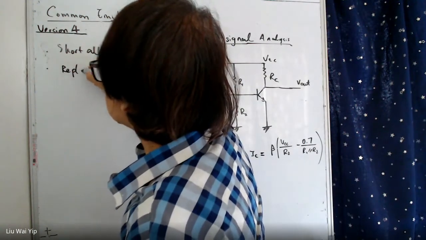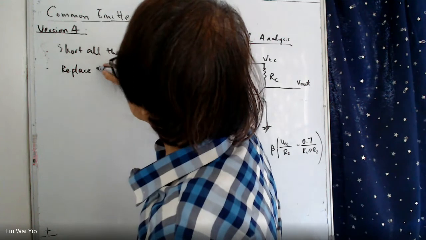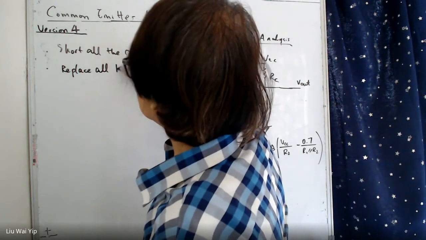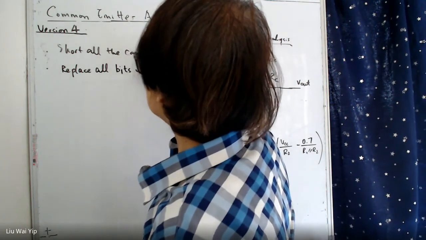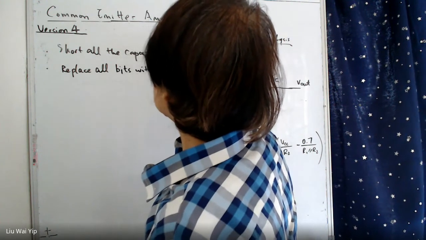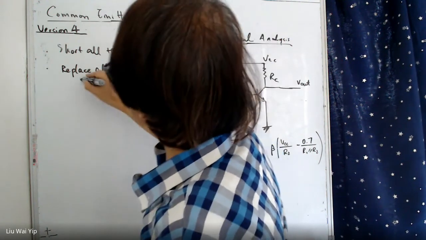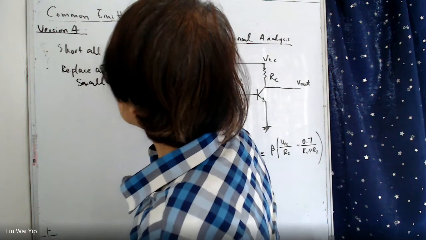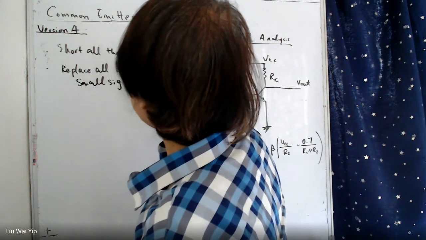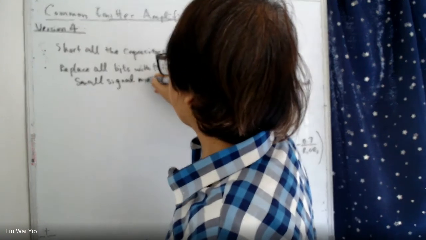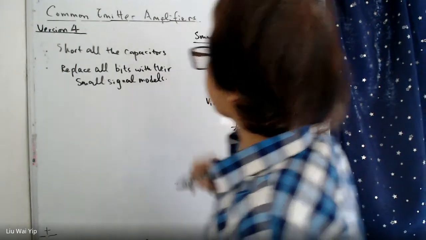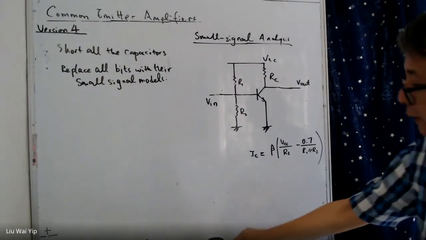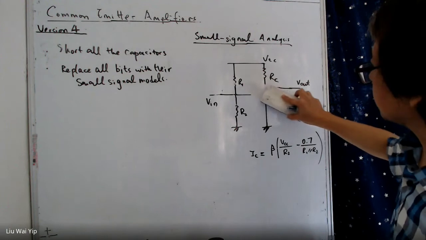Replace all BJTs with their small signal model. So this one here, we replace it.